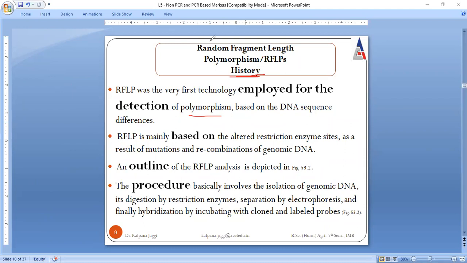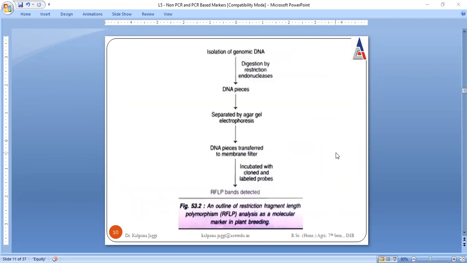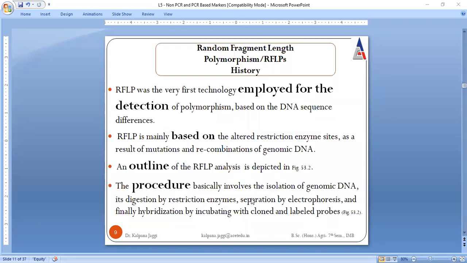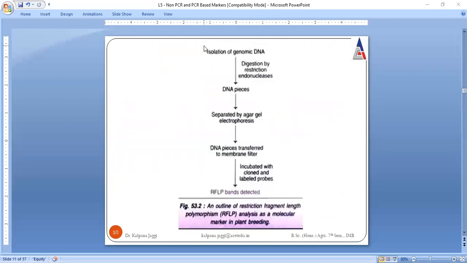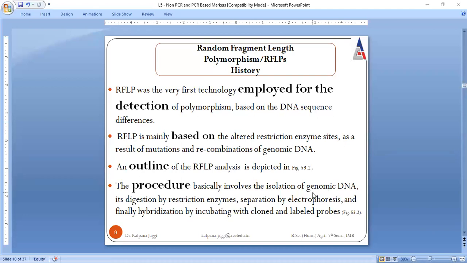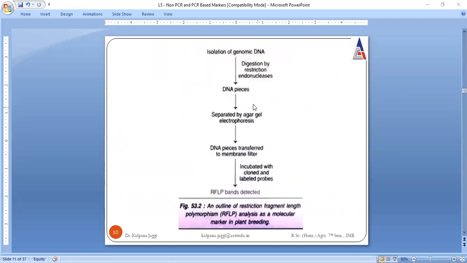What about the procedure? The very first step involves the isolation of genomic DNA. After the isolation, this DNA is digested by the restriction endonuclease enzyme, which in turn produces DNA pieces of various lengths.